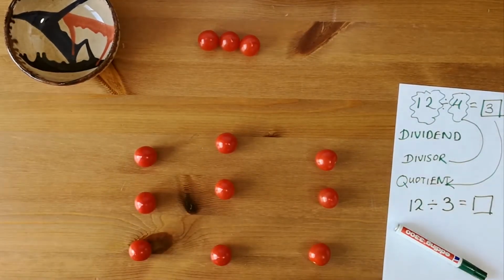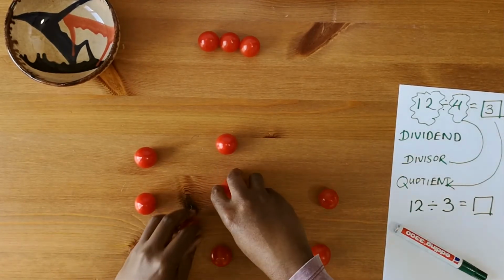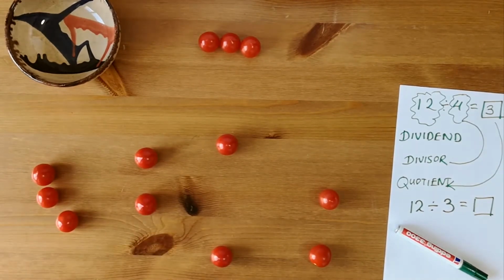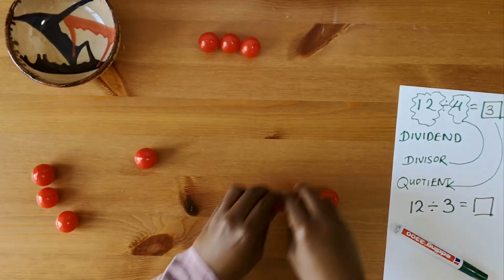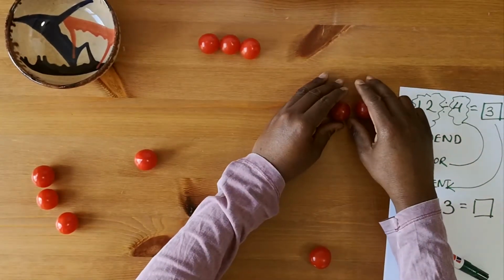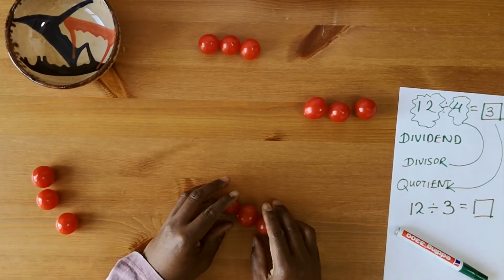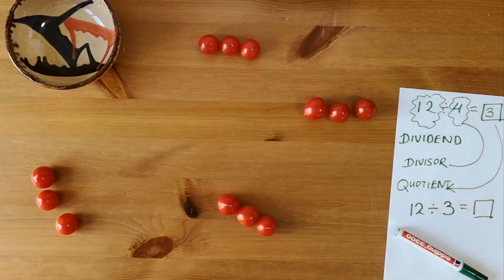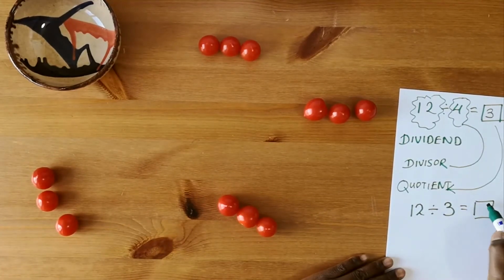I don't have to do them in this order. I can take any 3, right? So I'll take these 3. This is a group of 3. And these 3 over here. And these last 3 here. So now I have 1, 2, 3, 4 groups of 3. So my answer is 4.